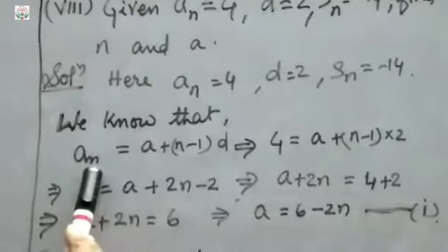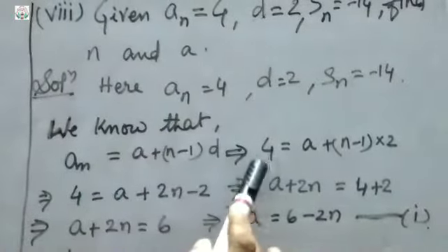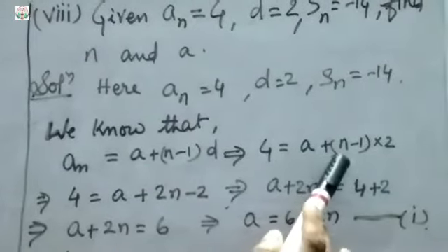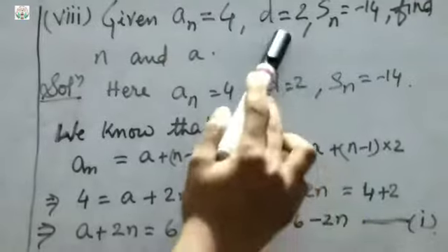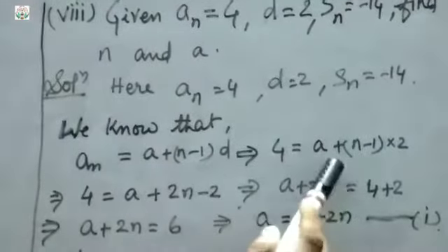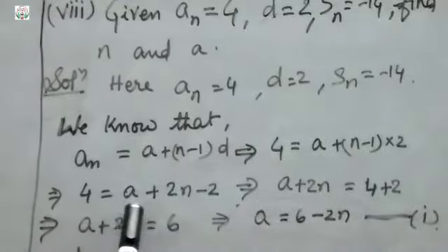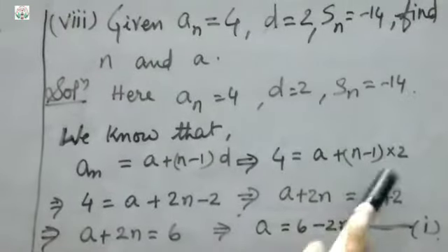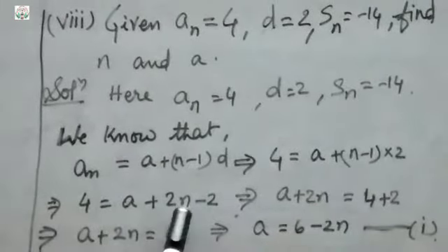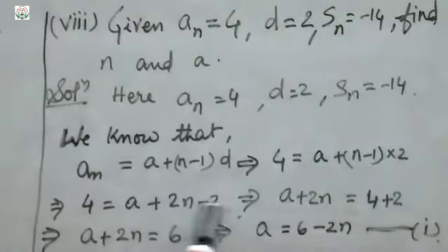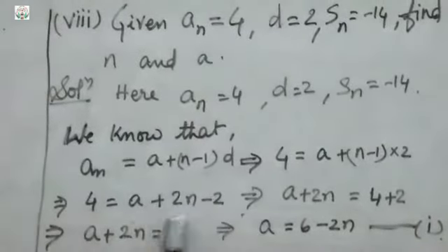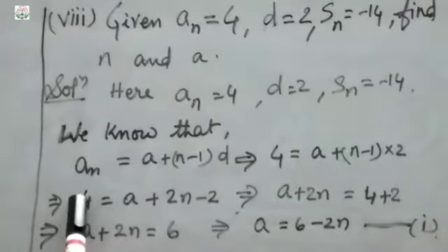Now put the value of an, which is given as 4. So 4 equals a plus (n minus 1) into d, and d is given as 2. Now simplify. So 4 equals a plus 2 multiplied by (n minus 1). What will you get? 2n minus 2. Keep the variables on one side and the constant on the other side.